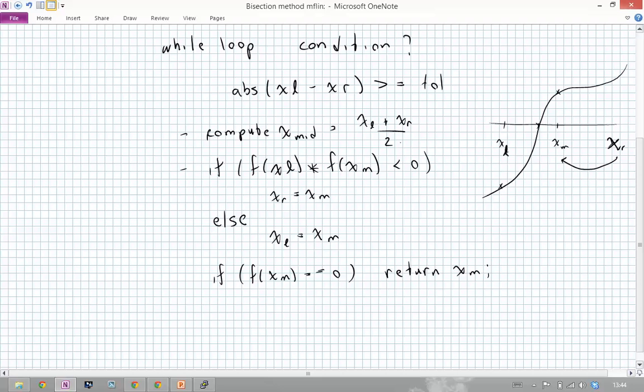Ideas? Well, I want to know, after I do this one sweep of the while loop, what happens? I go back up to the top, right? Do I have a reasonable expectation that eventually this while loop will stop?